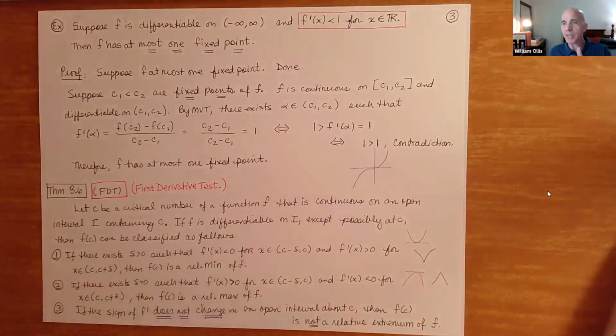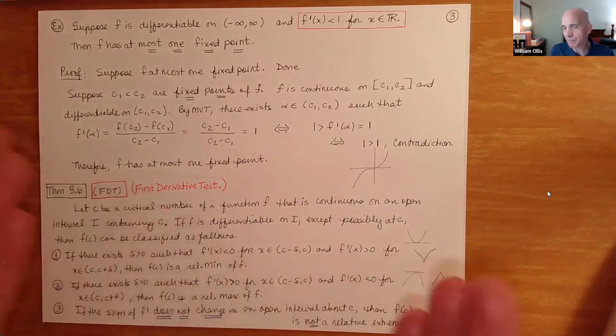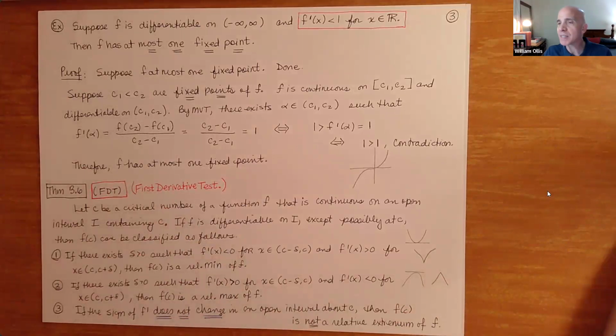So we increase to the left of 0 and we increase to the right of 0. That is, the sign doesn't change. So we don't have a relative extremum. You think, well, why do we even need to say that? I guess if we didn't say it, it would be okay, but we do state it.